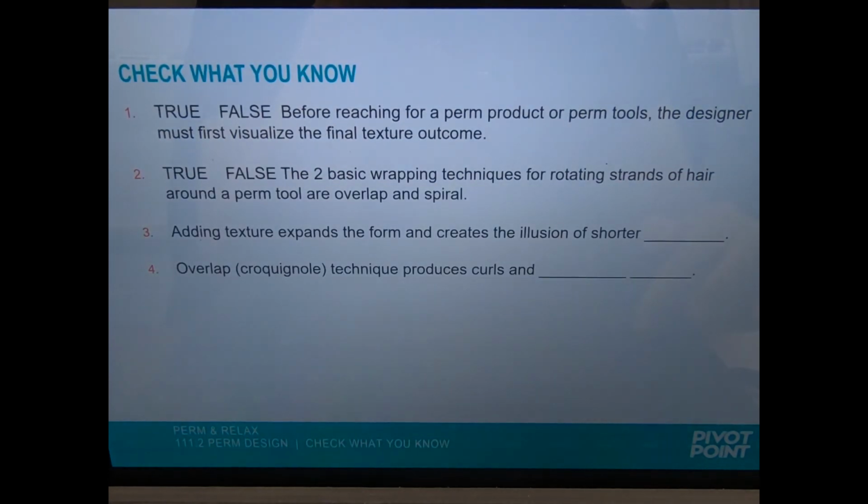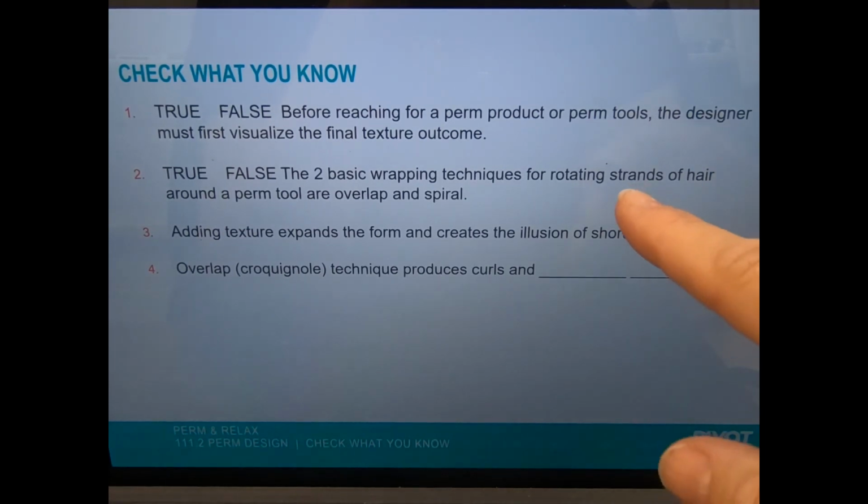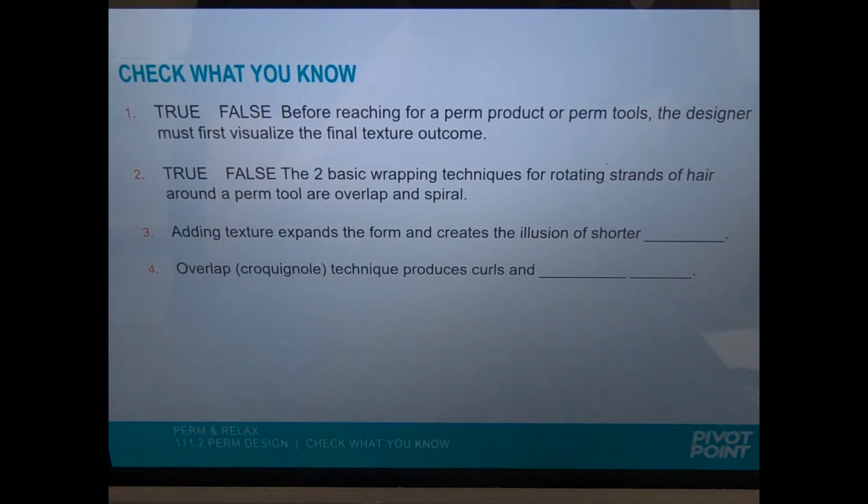All right. Before reaching for a perm product or tools, the designer must first visualize the final texture outcome, true or false. The 2 basic wrapping techniques for rotating strands of hair around a perm tool are overlap and spiral, true or false. Adding texture expands the form and creates the illusion of shorter.